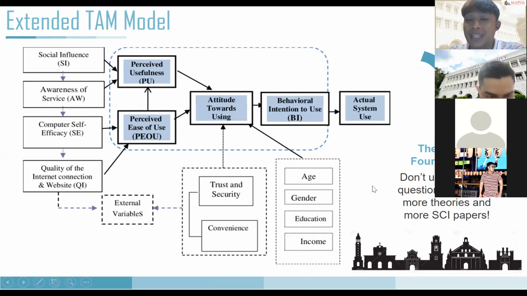But it does not mean that you say, oh, this is not a PhD model because it's not complex. I'm like, no. It does not mean the more complex, the better. It depends on what you want to tell people.